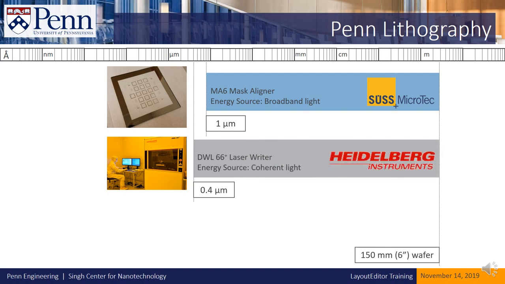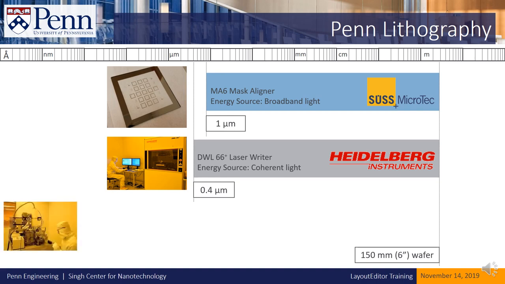If you'd like to make photomasks to use in the mask aligner or print features down to around 400 nanometers in minimum feature size, you should consider using the Heidelberg DWL66 Plus laser writer. This tool writes on samples directly, so exposures take longer than they do on the mask aligner, but it's capable of printing smaller features than the mask aligner can.